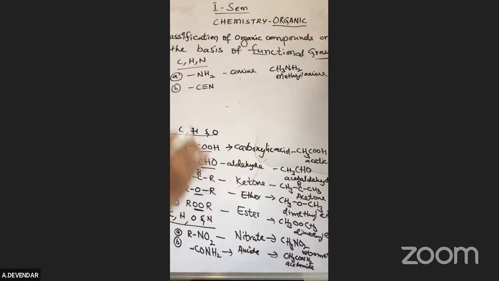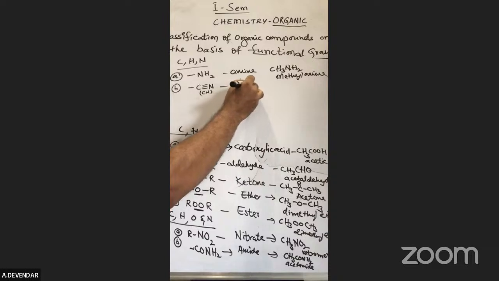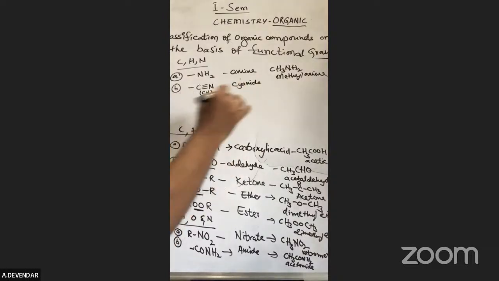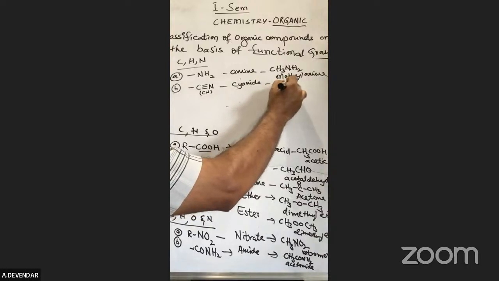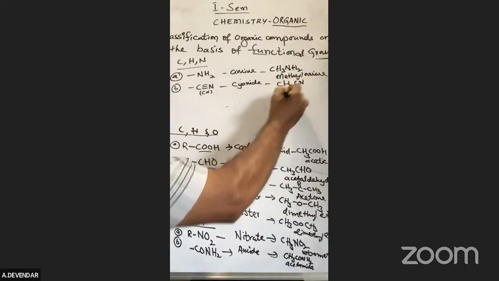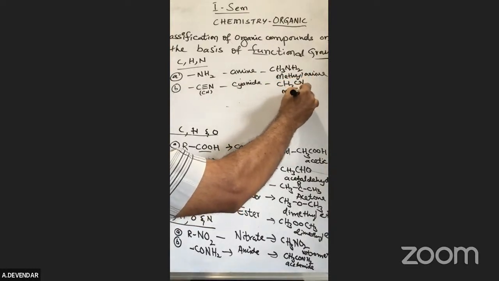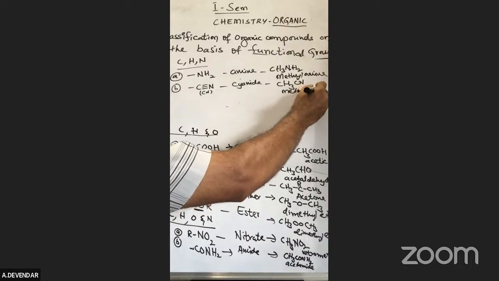Simply we are writing it as CN, but because a triple bond is present between carbon and nitrogen, that's why we write the structure. CN is called cyanide. So the example is methyl cyanide.